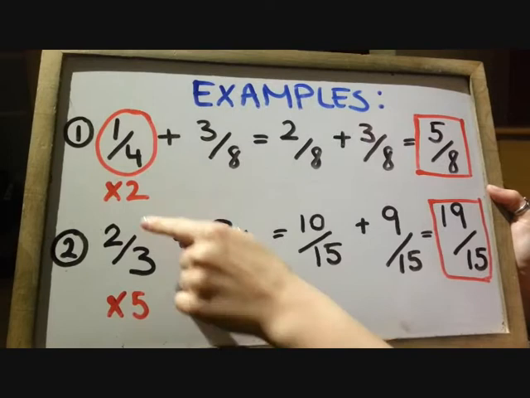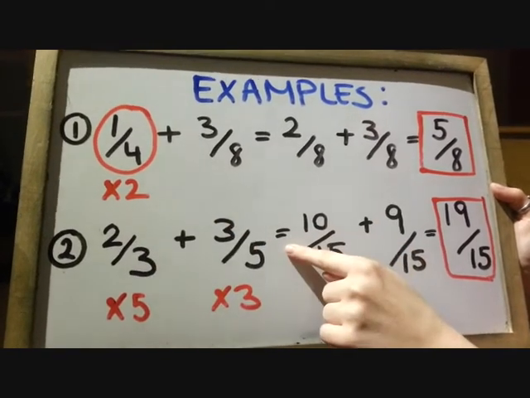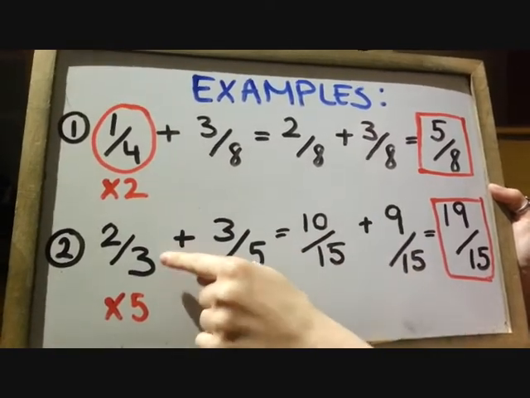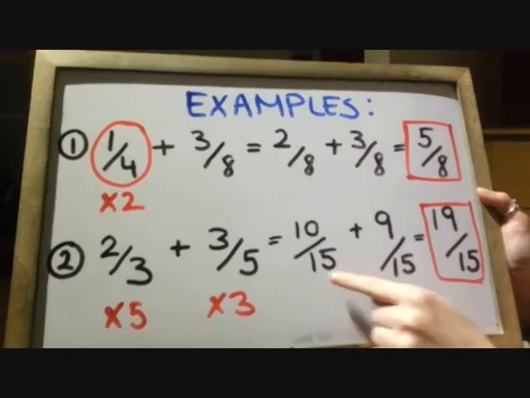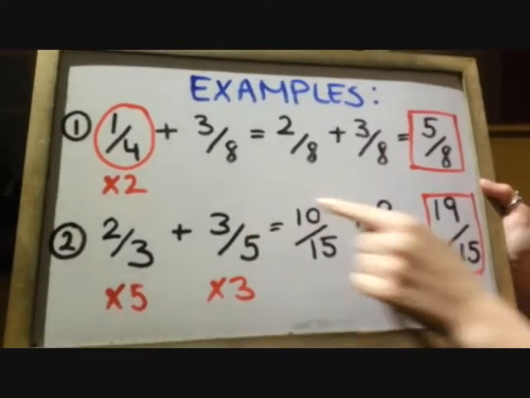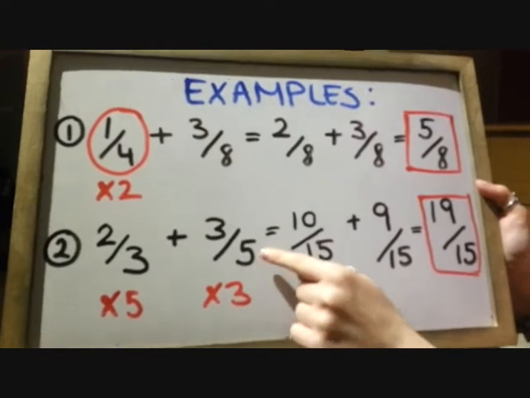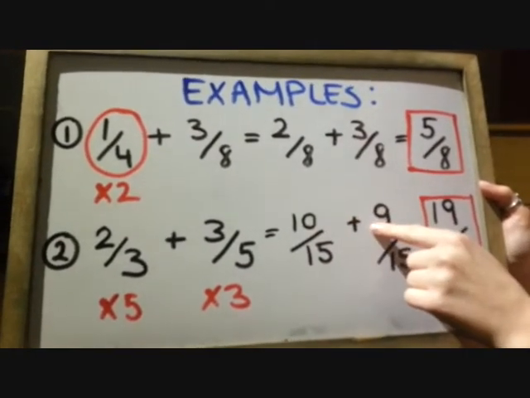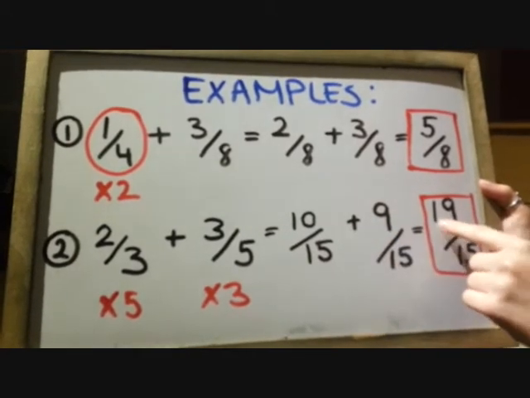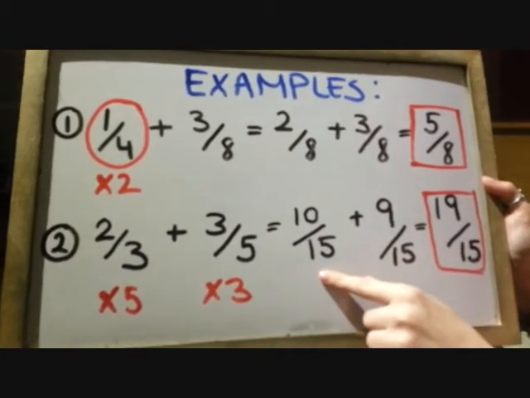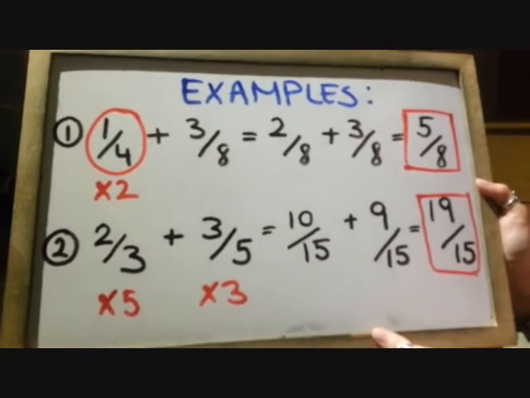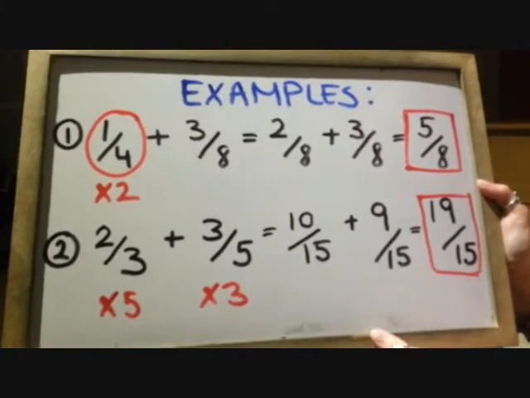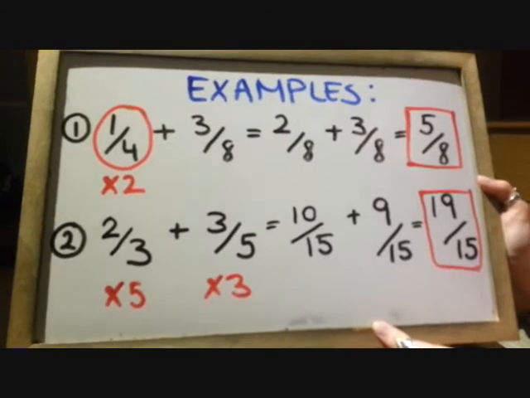So 5 times 2 is 10, 5 times 3 is 15, and then for this one, 3 times 3 is 9, and 3 times 5 is 15. 10 plus 9 is 19, 15 and 15 is the same, so I just copy it out, and this is how you do the adding for different denominators.